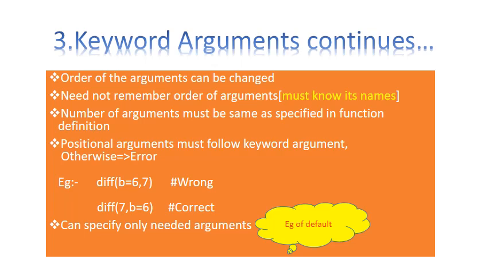If the function definition is having 3 arguments, then your function calling statement also must be having 3 argument names followed by its value if you are going to use this particular method.